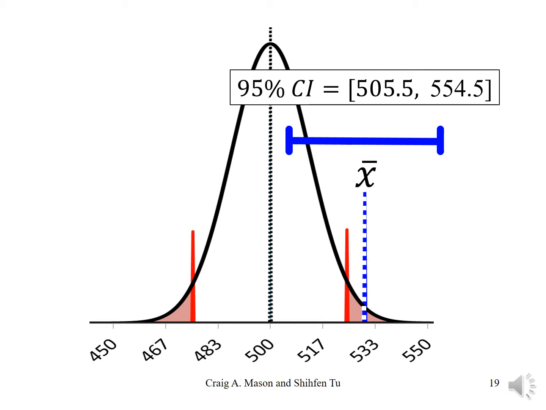Again, the confidence interval reflects the range of values where we believe the mean for our population lies. Remember, the population we're talking about is the population of students who receive our intervention. The fact that this range does not include 500 tells us that the mean for the population of people taking the intervention probably is not 500.